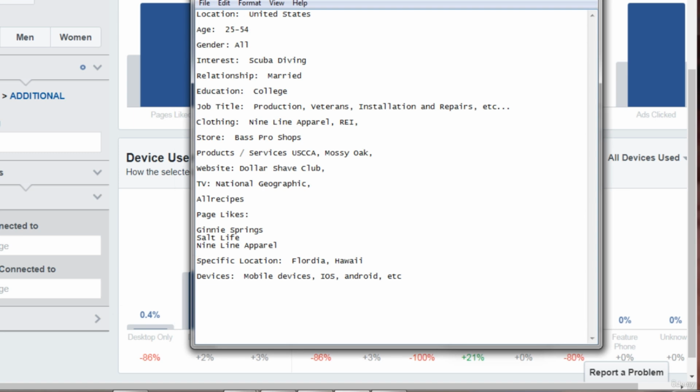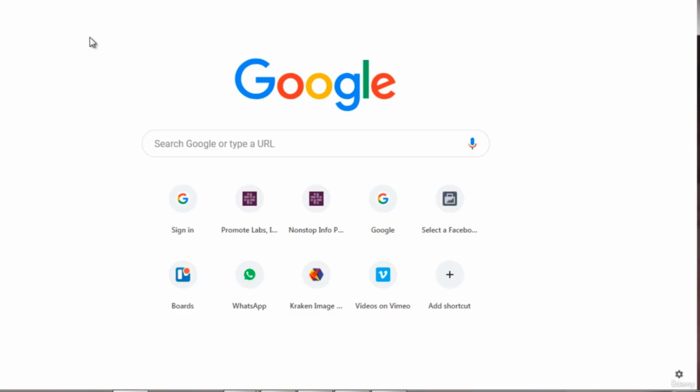Another method is by going to google.com and looking for magazines. So why magazines? Well, if you flip through the magazine and you go through to the advertise page, you'll notice that these magazines have what we call a media rate card.